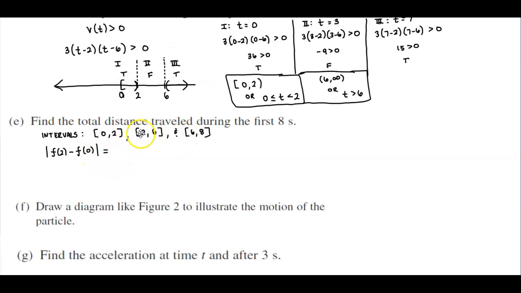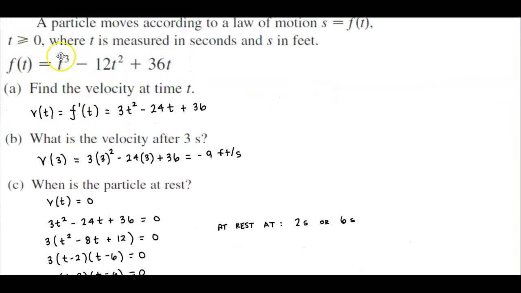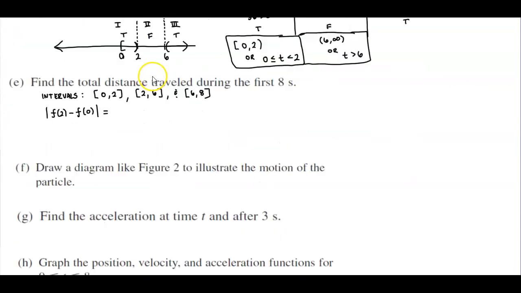So since we want to find the distance traveled, we're not using the velocity function, we're using the position function, which is t cubed minus 12t squared plus 36t.